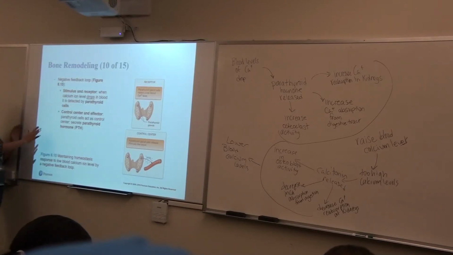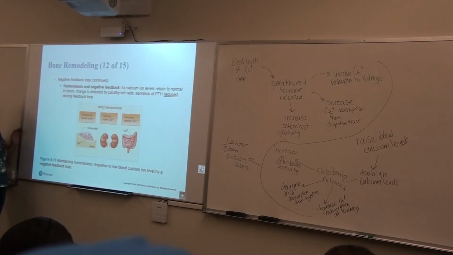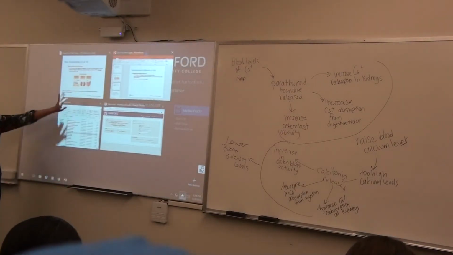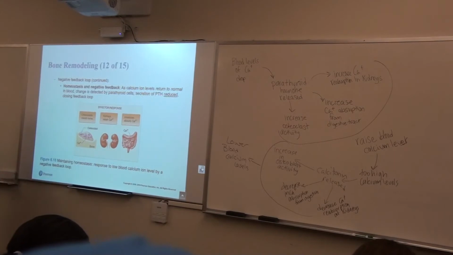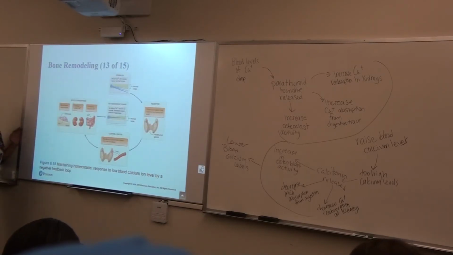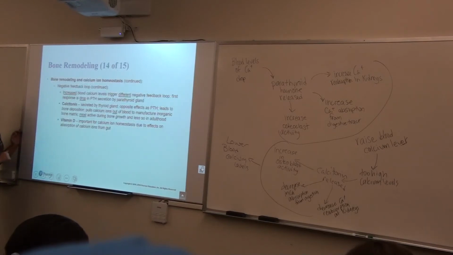It's going to turn off that low calcium level, and it's going to affect, there it goes again, osteoclasts, the kidneys, and the intestines. Reabsorption is increased in the kidneys and the intestines, and osteoclasts are activated. So this is the flow chart. In case you can't read what I did, or if it doesn't make sense, it's all right here, right?